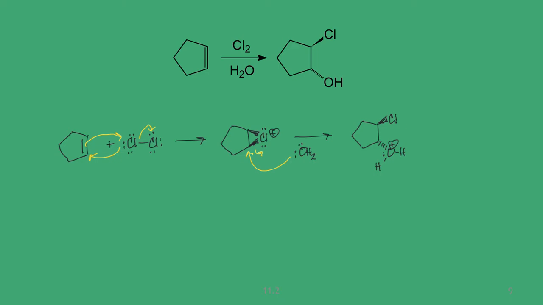And the reaction is completed by deprotonation of the oxonium ion by the solvent. And we ultimately produce the trans halohydrin and its enantiomer, which we haven't drawn.